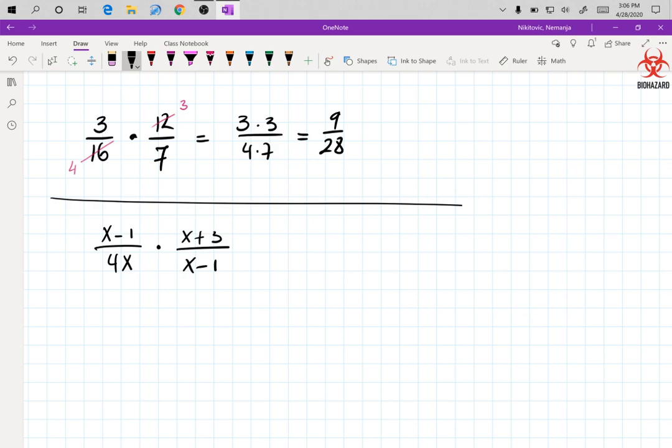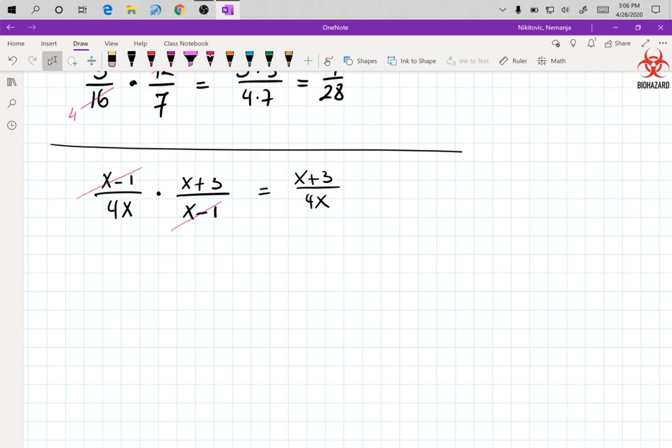Now, since we are multiplying across, we should be multiplying these two, but in this case, we see that these two terms are identical, they cancel, and your answer is just x plus 3 divided by 4x. That's it.